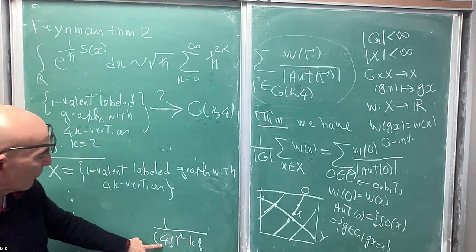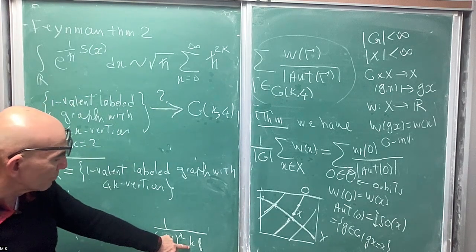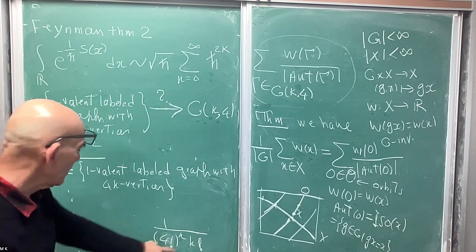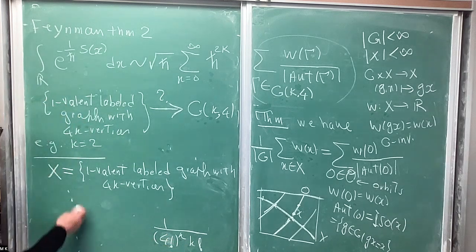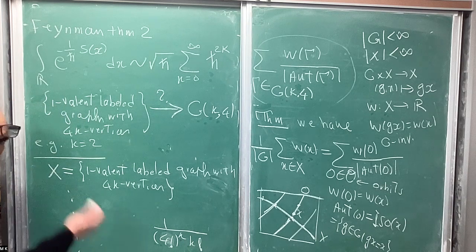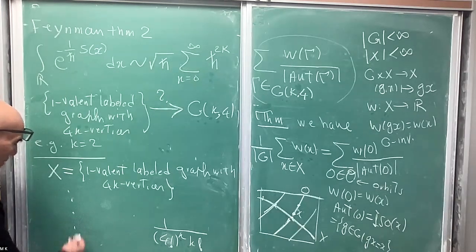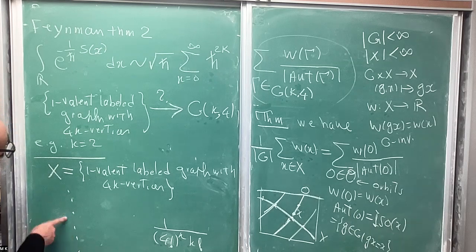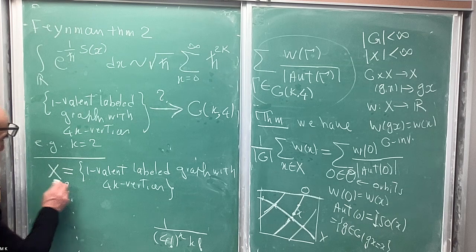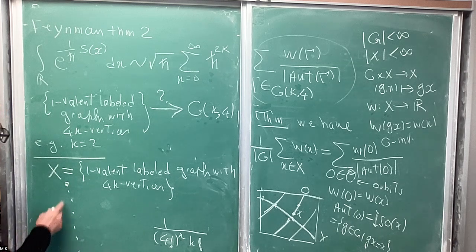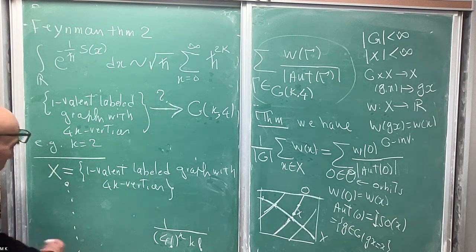So 1 over 4 factorial to the power K times K factorial. This is, if you think about it, so imagine you have blocks of vertices. Oh, so this is 3, it should not be, I put 4 here because I'm working with 4 valent now. So you have these K sets of 4 vertices, or labeled vertices.